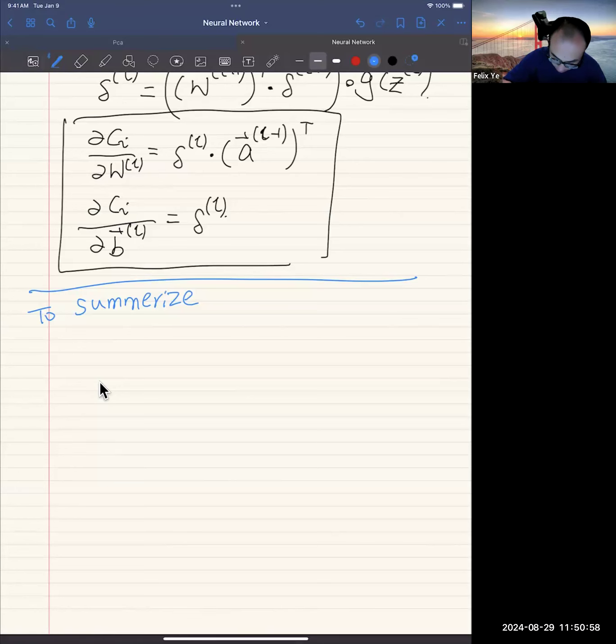Right, so this becomes partial C_i, partial W_L, where L is a general L, and partial C_i, partial b_L at layer L.